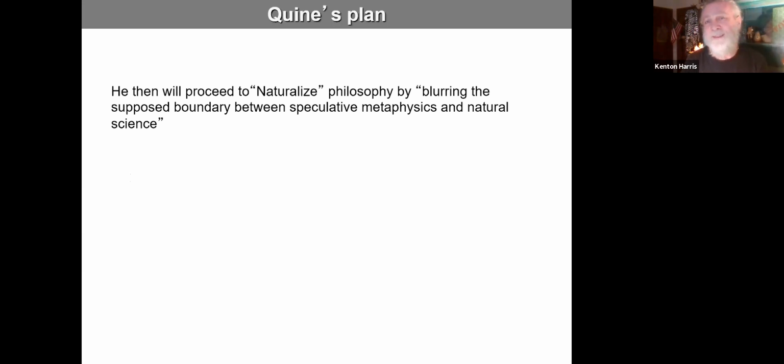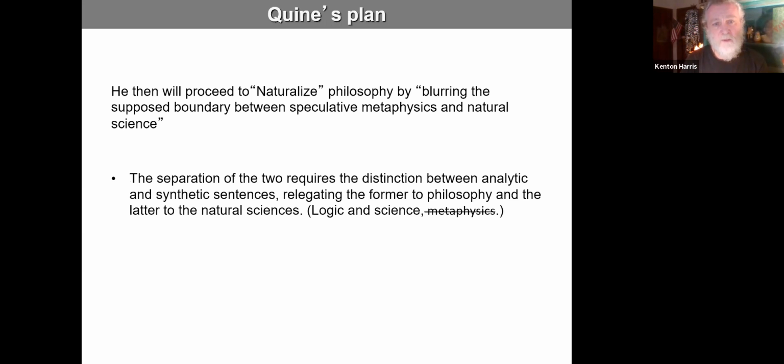He will then proceed to naturalize philosophy by blurring the supposed boundaries between speculative metaphysics and natural science. The separation of the two requires a distinction between analytic and synthetic sentences, relegating the former to philosophy and the latter to natural science.